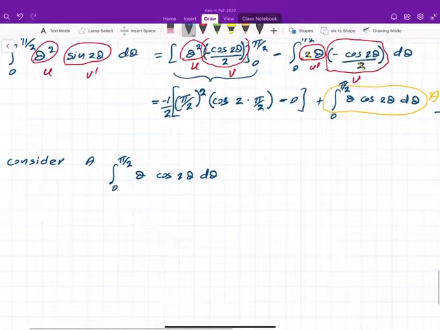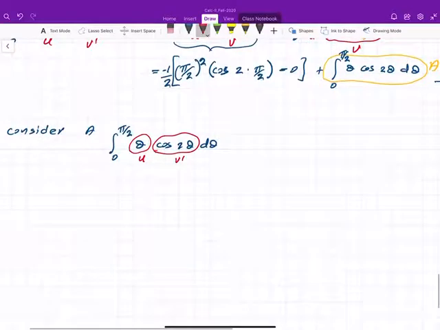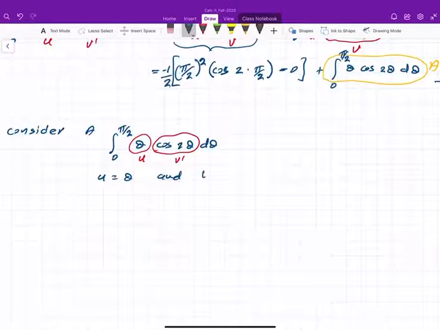All right. Now again you have to find u and v. Like in the previous step, you can take theta as u and this as v prime. U equals theta and v prime equals cos 2 theta.